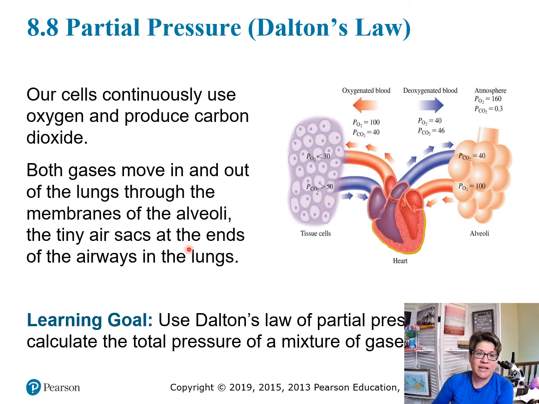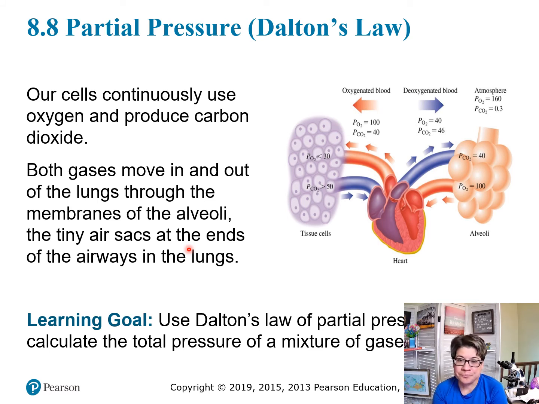Okay, so section 8 is partial pressure. This is pretty easy compared to the other ones and also pretty intuitive. So they're relating it to your lungs here. In your lungs, you have these little alveoli that are exchanging gases with your blood and with the air that comes into your lungs.